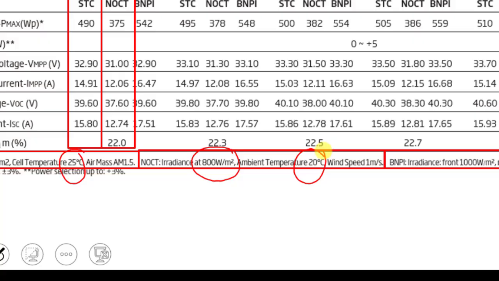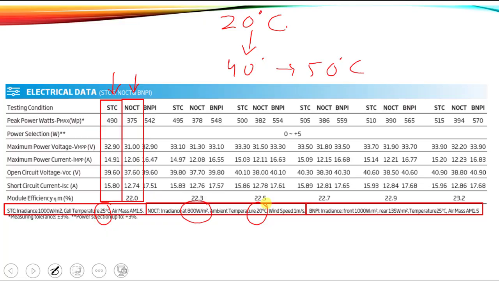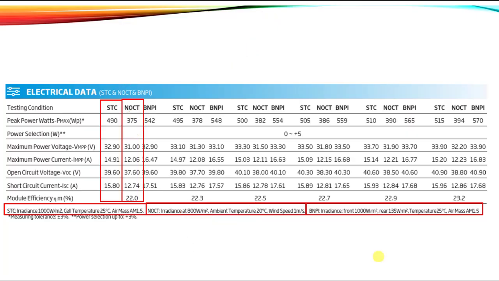Then the power produced by the same module is 375 watts, as reported by the manufacturer. It is the same module. Under STC, it produces 490 watts, but under NOCT conditions, it produces 375.